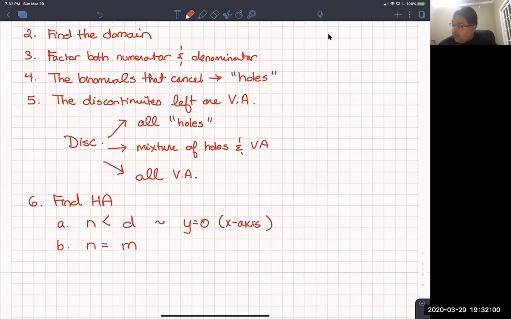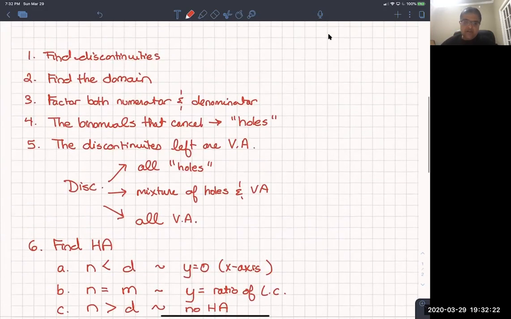If the degrees of both polynomials are the same, then it's the ratio of the leading coefficients. And if the numerator is larger or the denominator is smaller, whichever way you want to say it, then we have no horizontal asymptote.